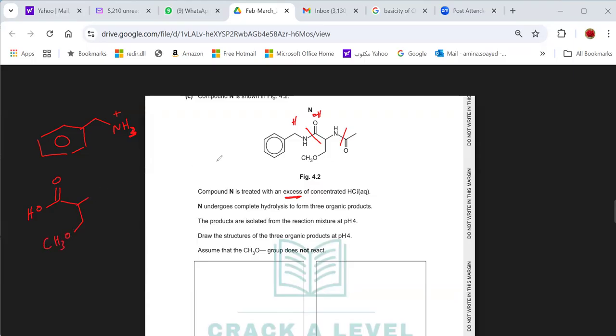And here also, it should have been NH2, but it will also change into NH3 positive. And for the last one, we will have CH3 double bond O and here the OH group. So it will be ethanoic acid.